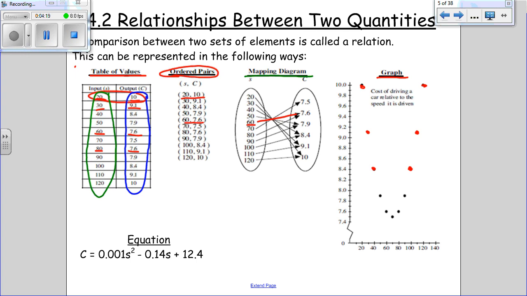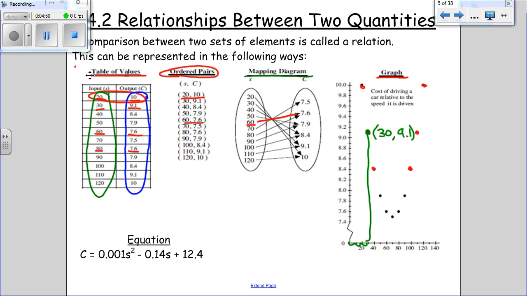So for instance, if you look at this point right here, green, that point went a certain distance to the right, 30. So it went 3 to the right, and then it went 9.1. It's represented usually with an ordered pair. So that point on the graph represents the ordered pair.